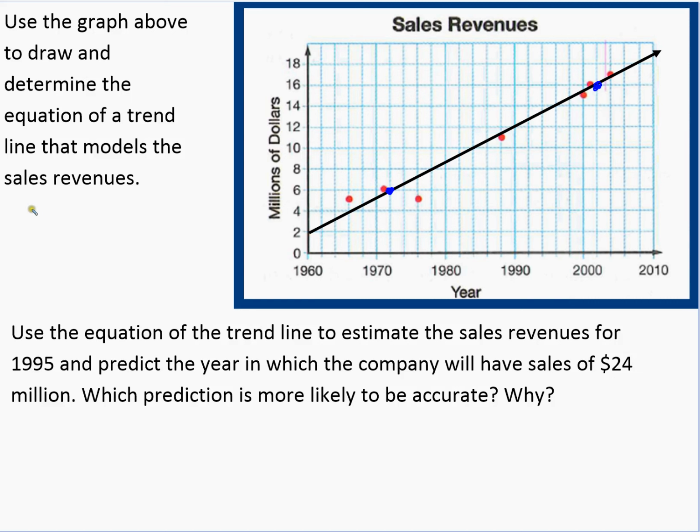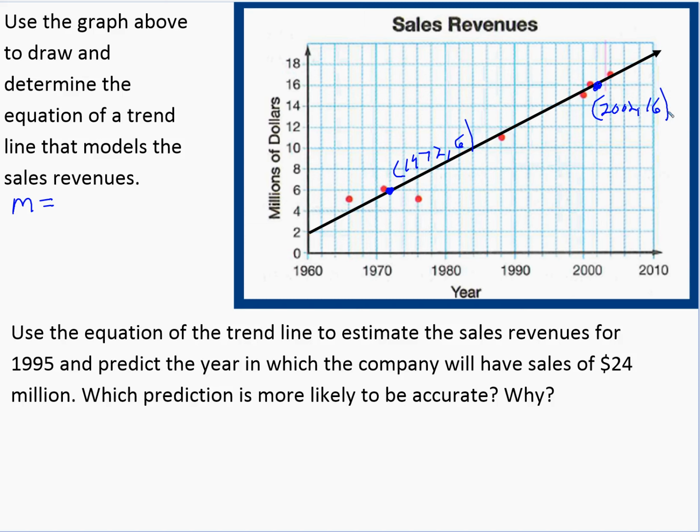To find this equation, we need to find the slope between these two points. This is 1972, and this was at 6 million, and we can just use a 6. We don't have to put the 6 years after here. And then at 2002, and this was at 16 million, so we'll put a 16.